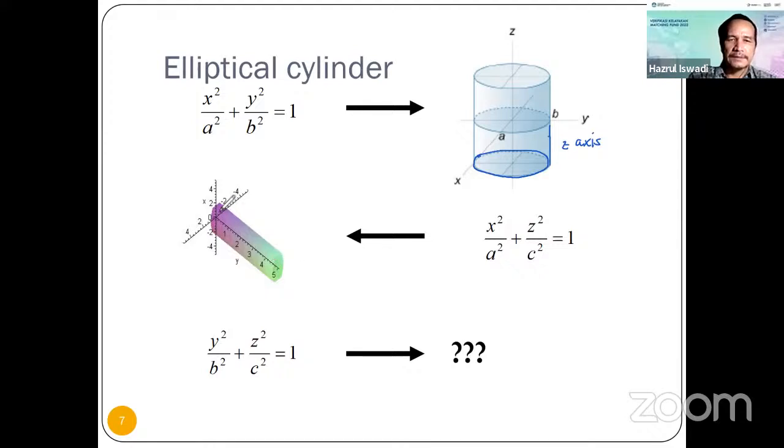In this second example, we have this ellipse and move it along the y-axis.